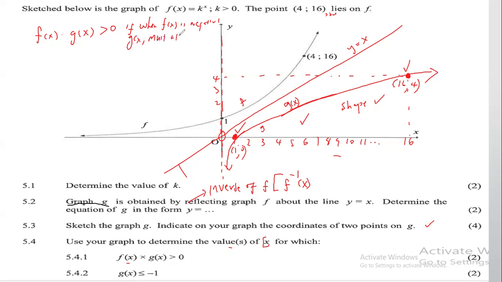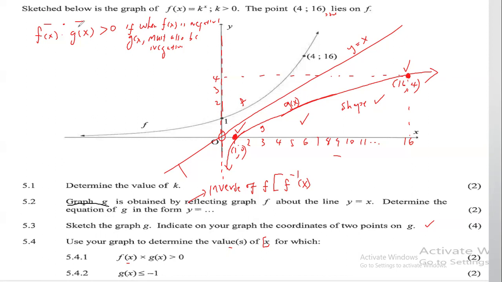Why am I saying this? The only way we can get a number greater than 0 is when we multiply negative with negative. So when f is giving us the negative y value, g should give us the negative y value. If we multiply negative with negative, we will get a positive answer, and the positive answer is above 0.